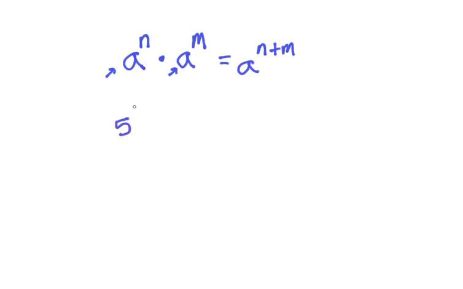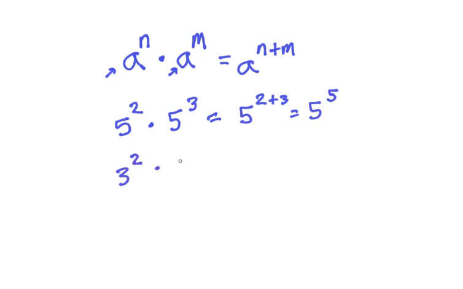If I have 5 to the power of 2 times 5 to the power of 3, this becomes 5 to the power of 2 plus 3, which in this case is just 5 to the power of 5. It could also be, let's say I had 3 to the power of 2 times 3 to the power of negative 1.